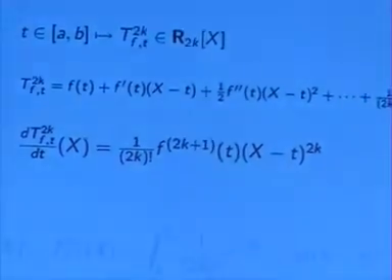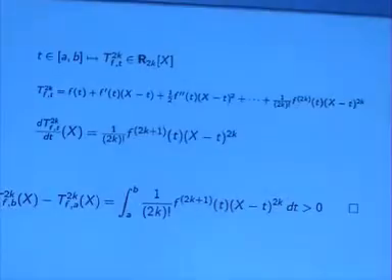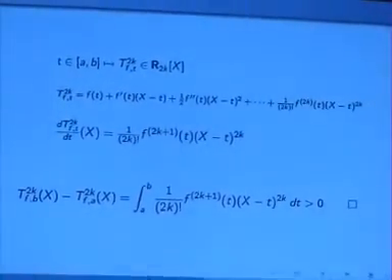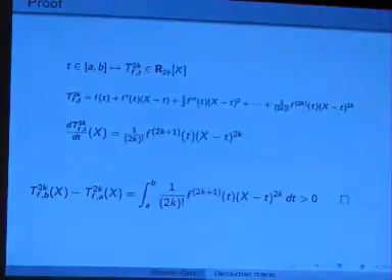So since you have the value of the derivative, you can compare the Taylor polynomials at two points, A and B. The Taylor polynomial at B minus the Taylor polynomial at A is equal to the integral from A to B of the derivative that I computed here.